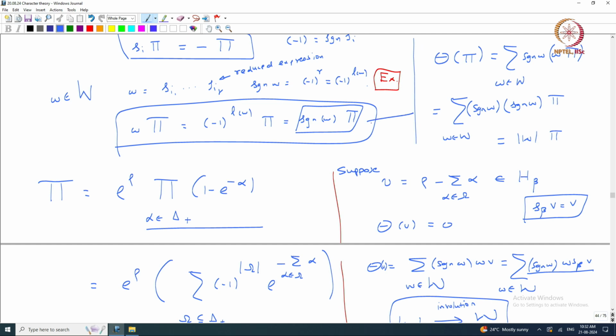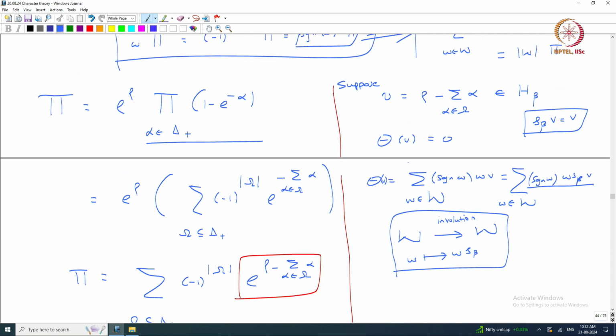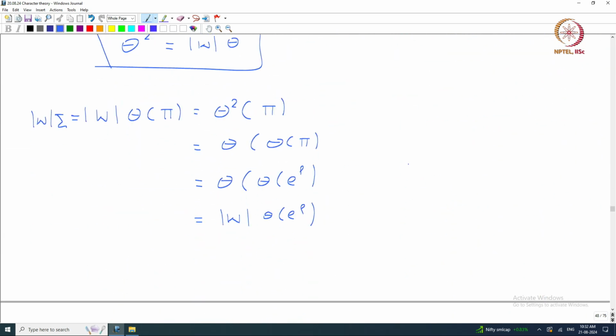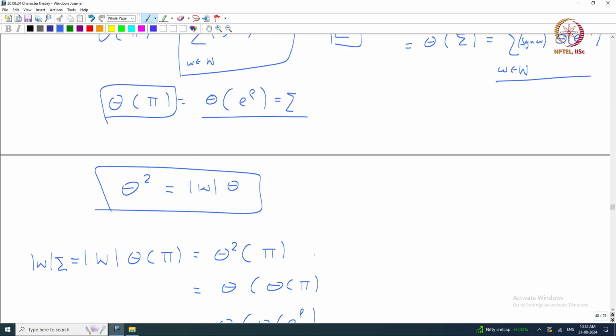So, now if you put them together, you see that already theta of pi is given by the cardinality of W times pi. Okay. So, then we do not need to worry about all this. So, this is already given by the cardinality of W times pi.